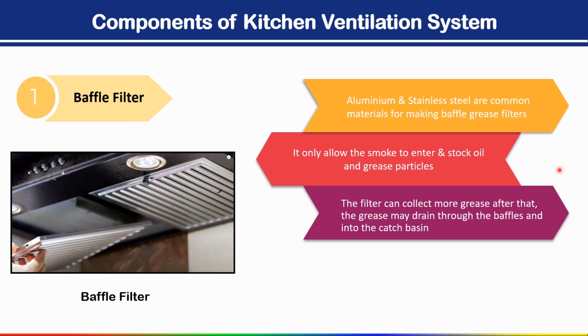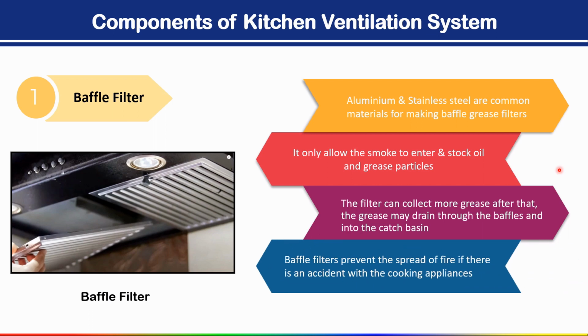First of all, the filter can collect more grease. After that, the grease may drain through the baffle and into the catch basin. And remember, the baffle filter prevents the spread of fire if there is an accident with the cooking appliances. Suppose there is a fire in your kitchen, this baffle filter can prevent the spread of fire also.